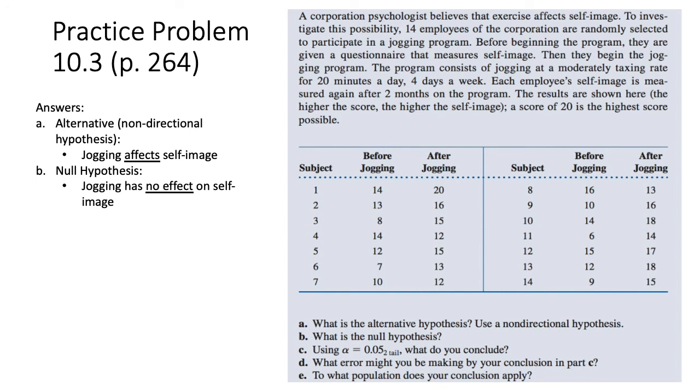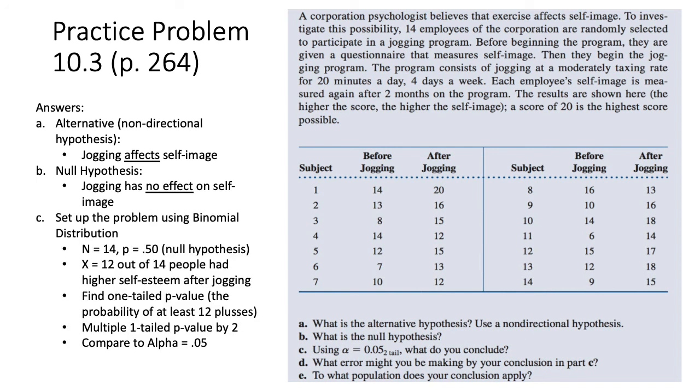So here's how we do that. The first thing you've got to do is set up the problem as a binomial problem. Since there's 14 people, n is 14. For the sign test, p, the probability of success, not our p-value, but the binomial parameter p, is 0.5. That's always true for a sign test.